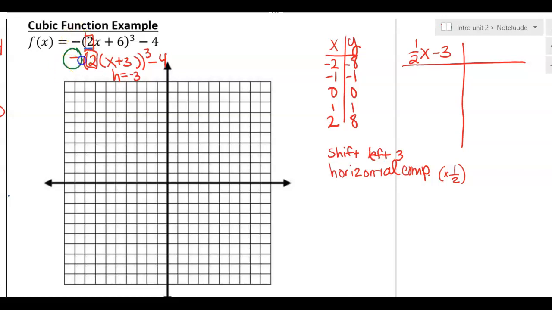If you see, okay, first we have a negative out here. What does multiplying by negatives, what kind of transformation does that cause? Should cause a reflection. Now, this negative is out of the cube, meaning it's supposed to be affecting y. And if you're not sure which axis that means it's over, think about it.